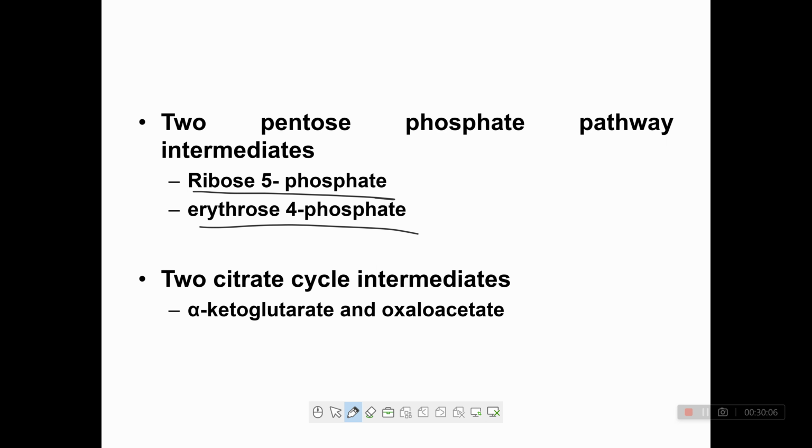Next is the citrate cycle, whose intermediates are alpha ketoglutarate and oxaloacetate. So remember these pathways.